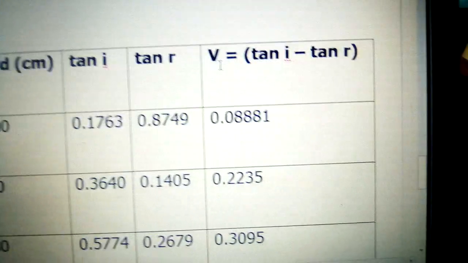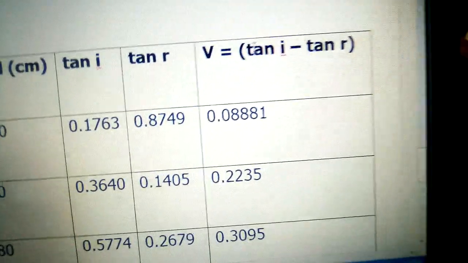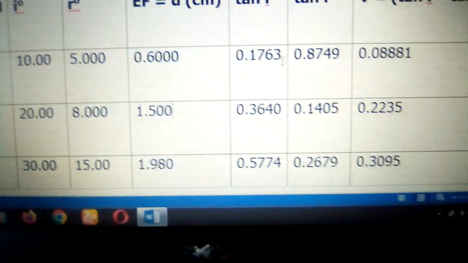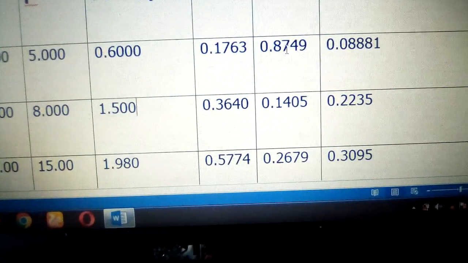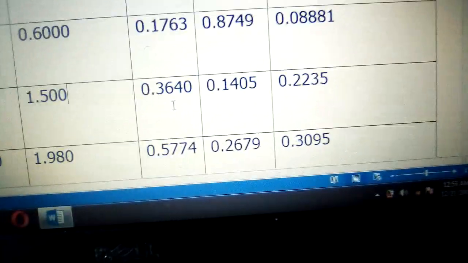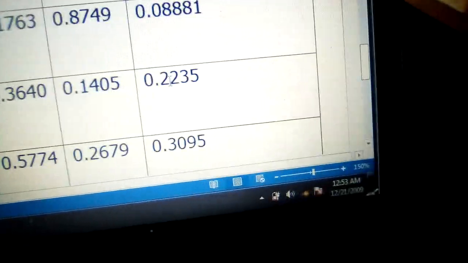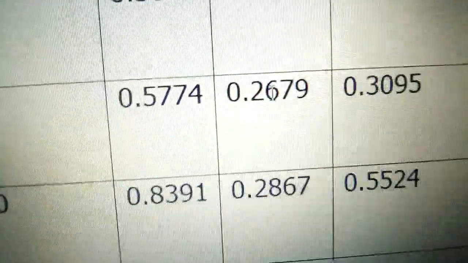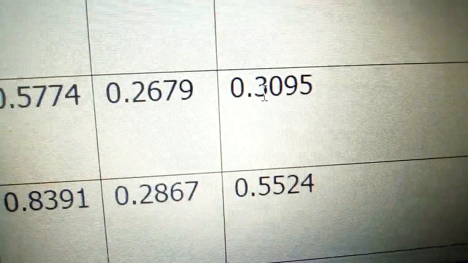We were asked to evaluate V. V is tan of incidence minus tan of refraction, that is this value here minus this value. 0.1763 minus 0.0875 gives us 0.0881. 0.3640 minus 0.1405 gives us 0.2235. 0.5774 minus 0.2679 gives us 0.3039.